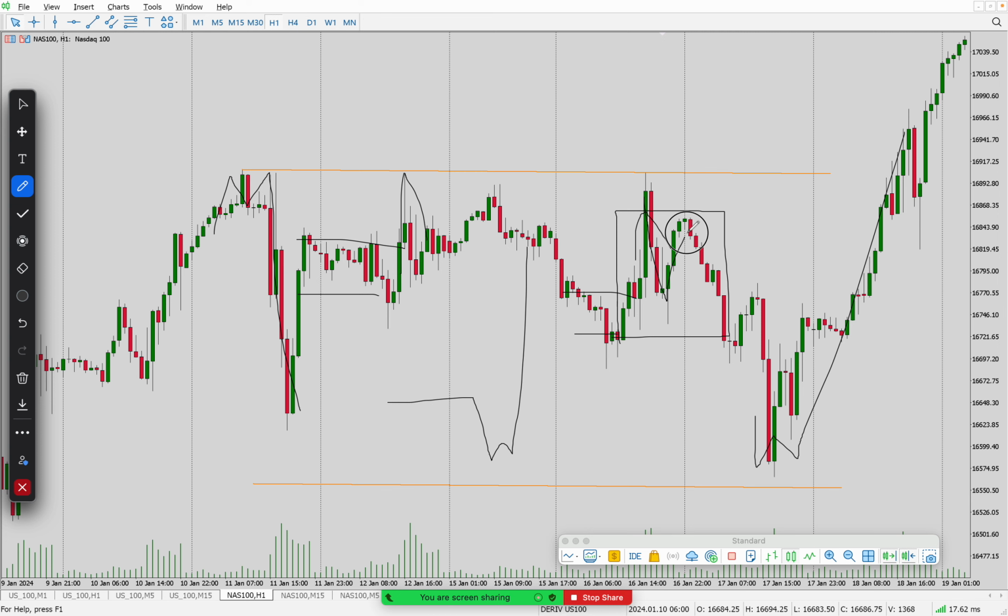A gives us 1, 2, 3 pushes to the downside. For those who are visually impaired, 1, 2, 3. So we get 3 individual pushes. Then you get your W, then price rises the hell out of there.